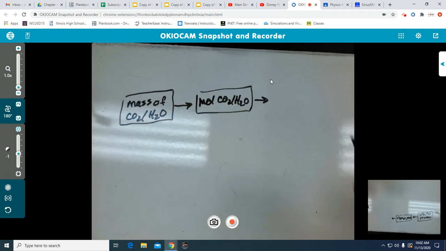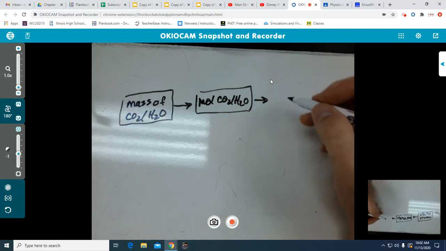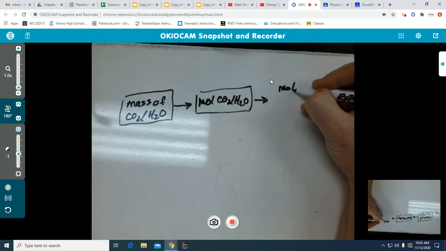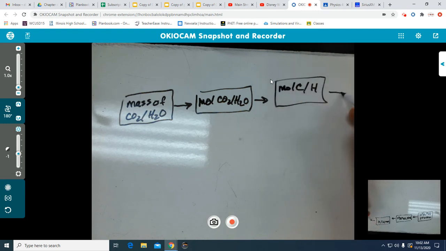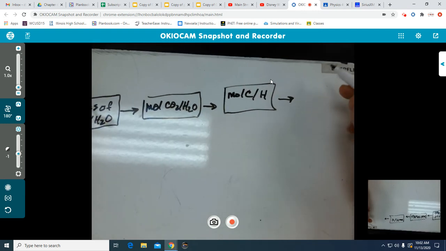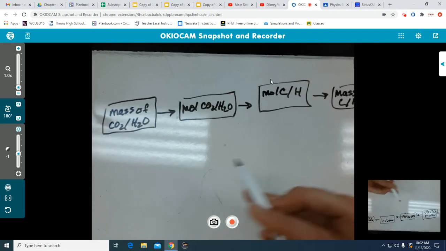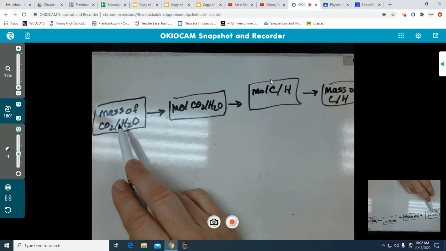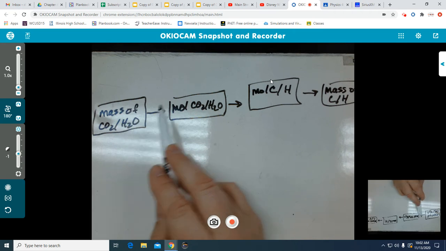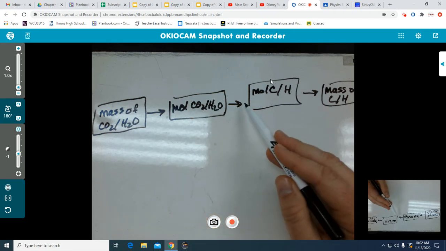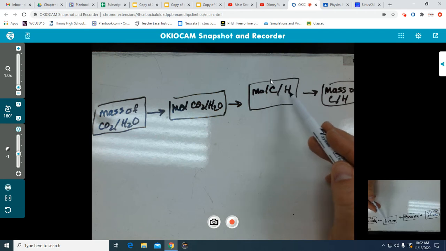We then need to get to moles of carbon or hydrogen. And lastly, our last step is going to be the mass of carbon and hydrogen. Okay, so 4 steps. Go from mass of CO2 or H2O to the moles of both, to the moles of carbon and hydrogen, and the mass of carbon and hydrogen.